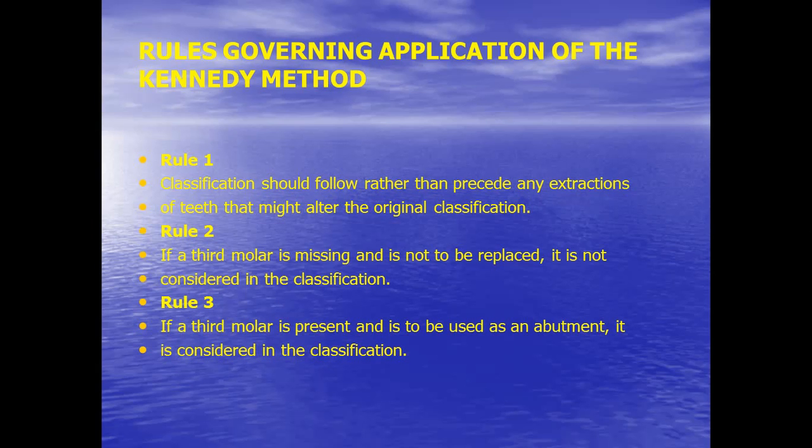Okay, coming a little bit back, let me remind you that we have classes or types by Kennedy, but there are also subtypes or subdivisions, and they include the additional defects in the dental arch.